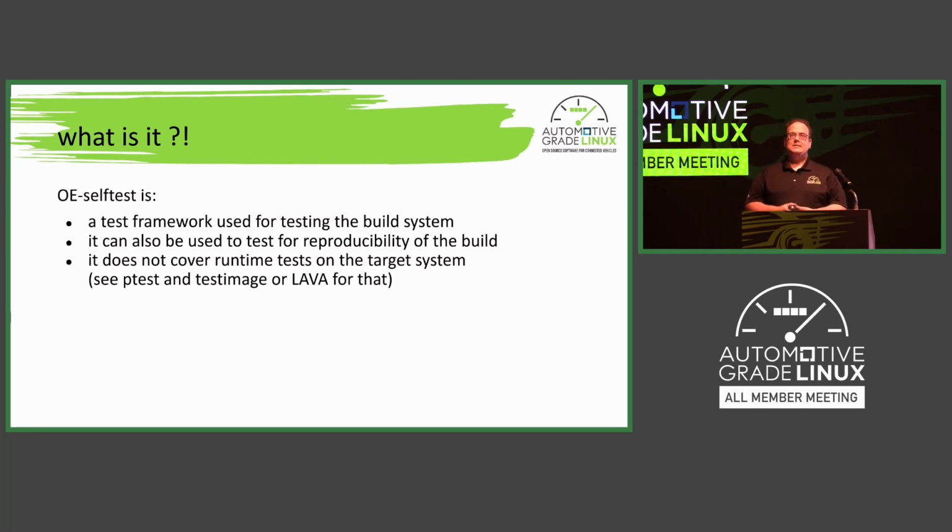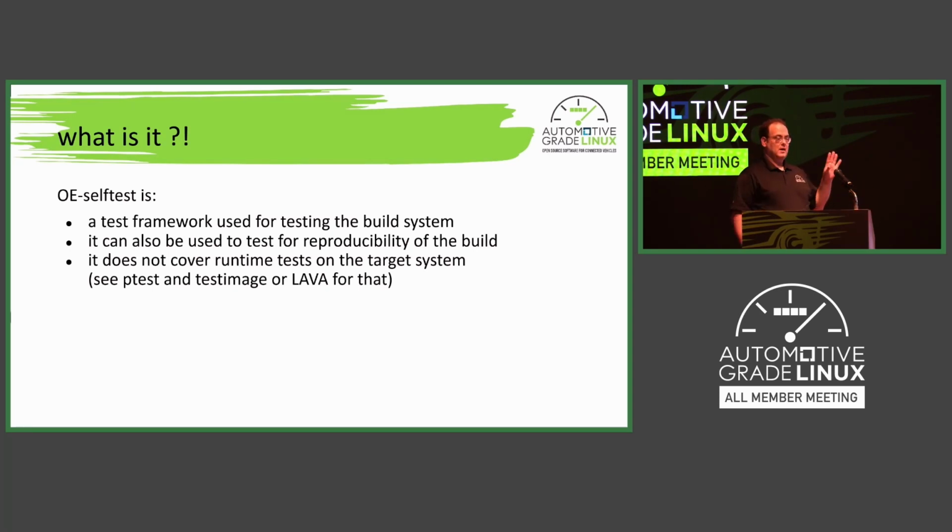Why is it interesting in the context of reproducible builds? Well, to support reproducible builds within Yocto, there is now a reproducible build test. This does cover the build aspects, and OE-Selftest does not really cover the runtime testing on the target, so that's out of scope.